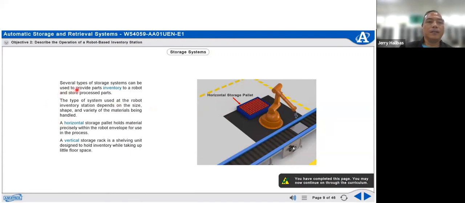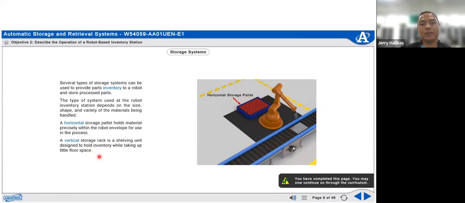The type of system used depends on the size, shape, and variety of the materials being handled. Normally, a horizontal storage pallet holds material precisely within the robot envelope for use in the process. The parts or workpieces are uniform in size, so we put them in a pallet so they are more organized.